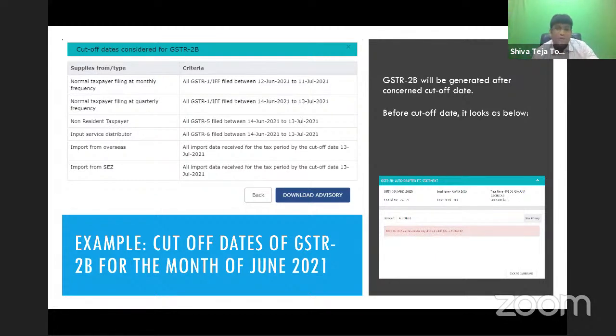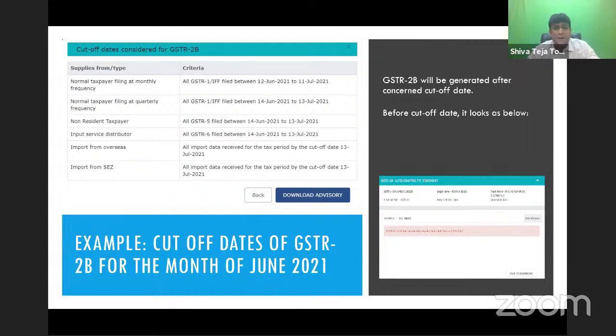So after 13th July only you can find the GSTR 2B. So GSTR 2B will be generated after the concerned cutoff date, that is 11th for the normal case, 13th in case of QRMP or quarterly case. So before cutoff, if you open, they will show the details that 2B is available only after cutoff date.